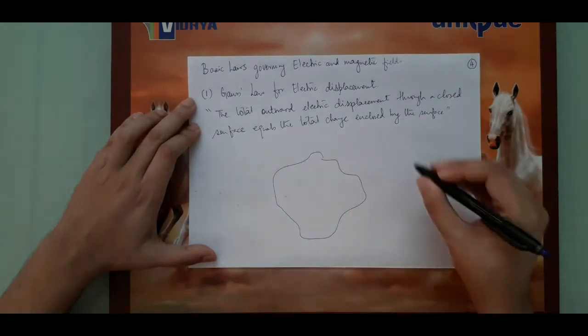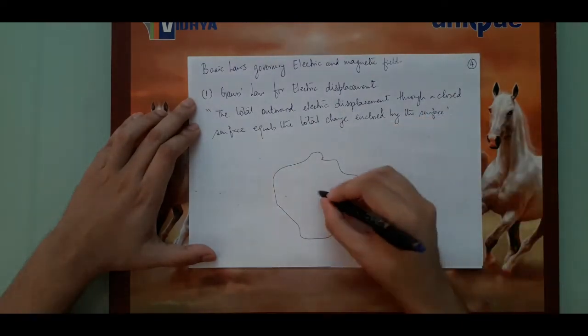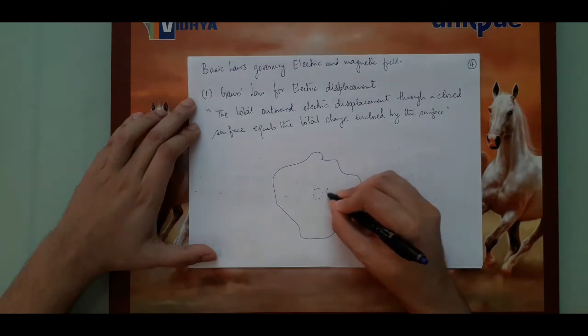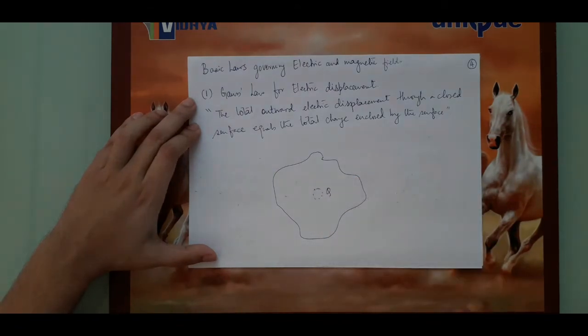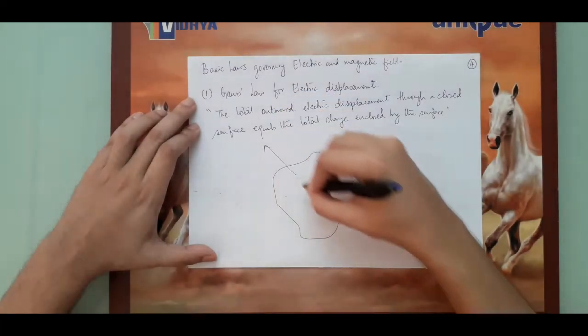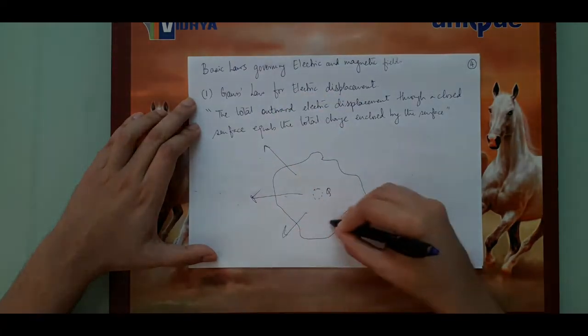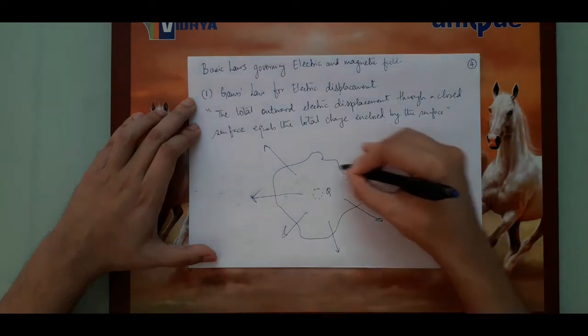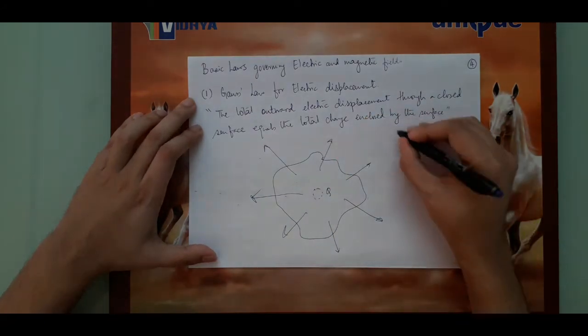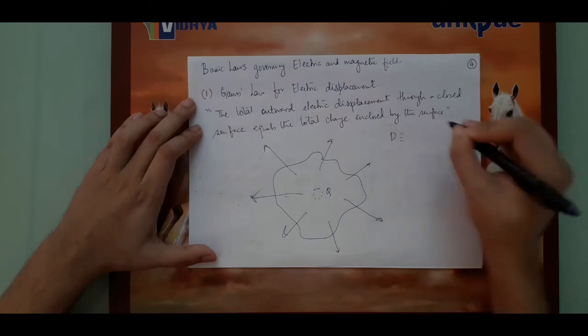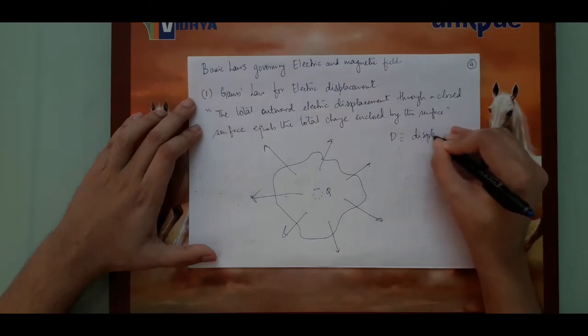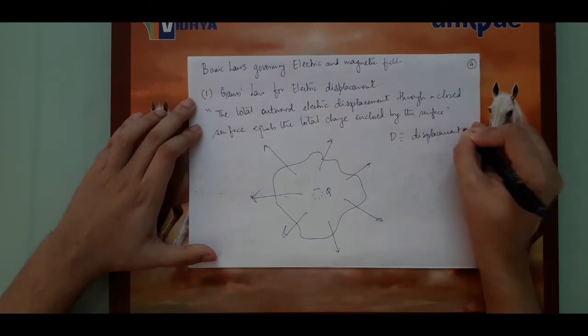So if this is my closed surface and there is some charge Q, then the net outward displacement, so D is what? Displacement density.